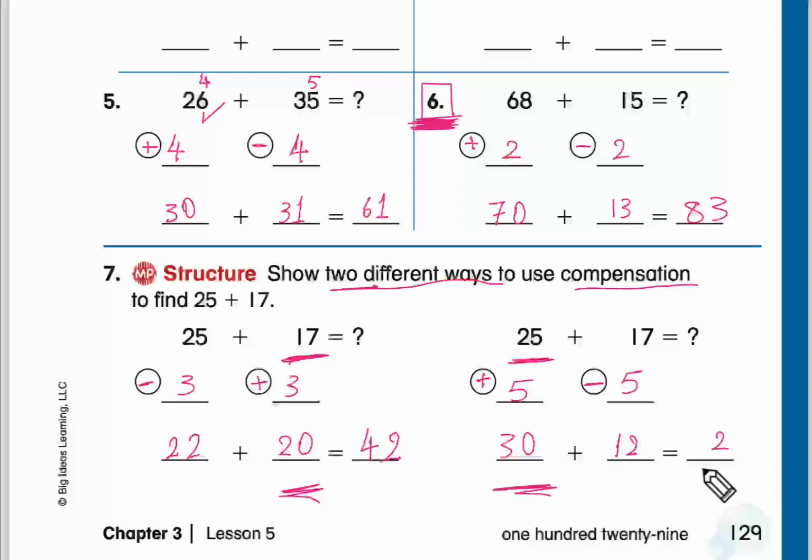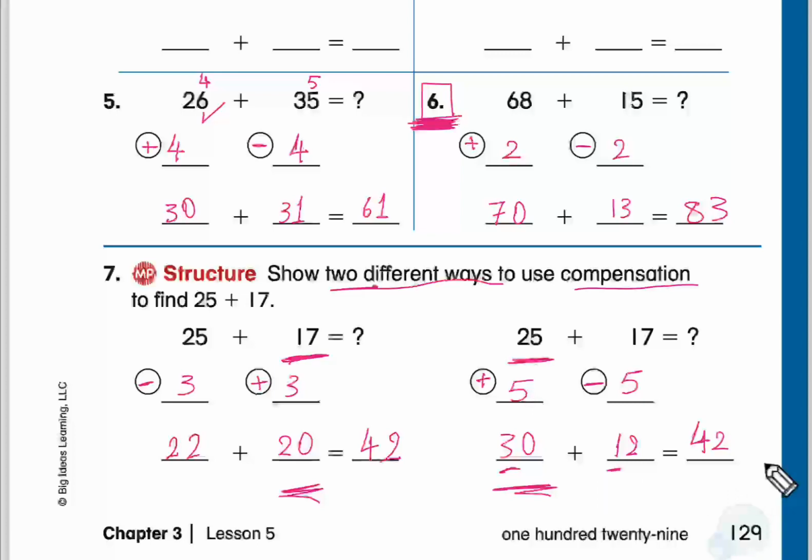So how many tens? 3 plus 1 is 4. So the answer is 42. Okay, thank you, Abdulaziz. And my heroes, as you can see, we get the same answer.